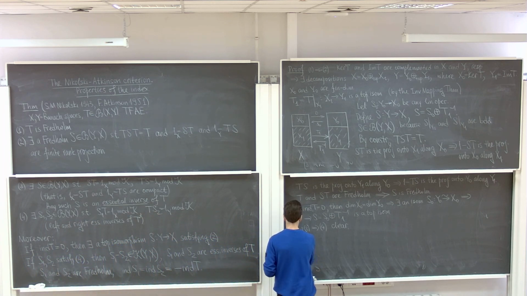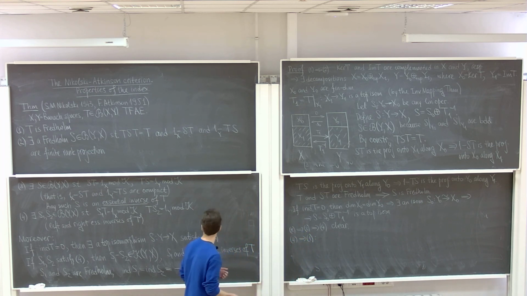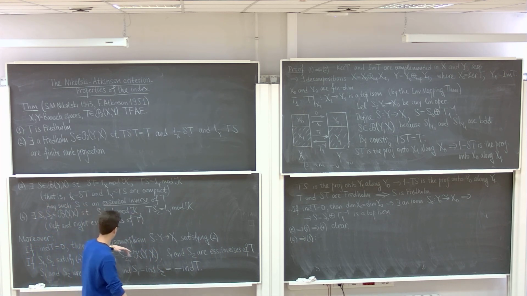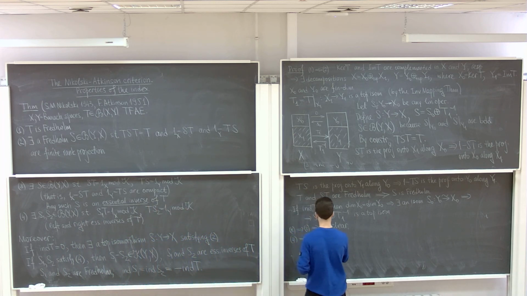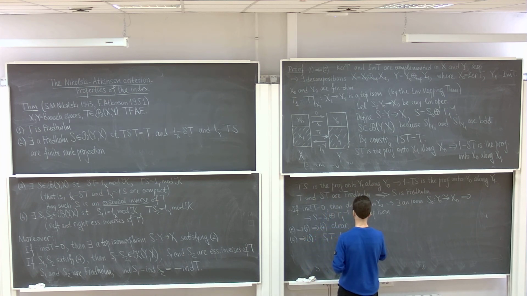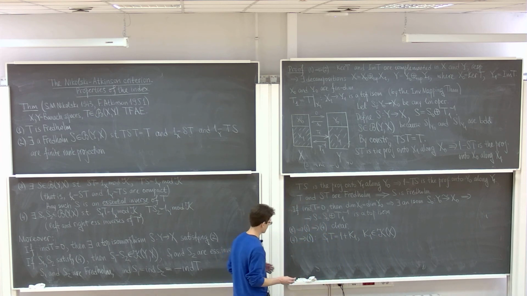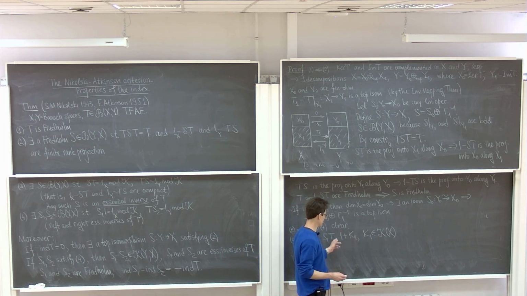Let's now show that 4 implies 1. So, first of all, this condition, S1T is the identity modulo the compact operators. Explicitly, this means that S1T is 1 plus K1 for some compact operator K1 on X. So by the Riesz-Schauder theorem, this operator is Fredholm.